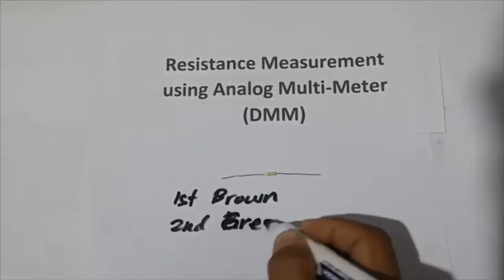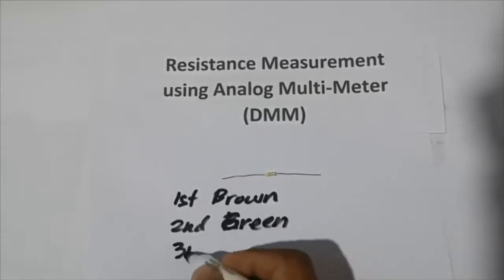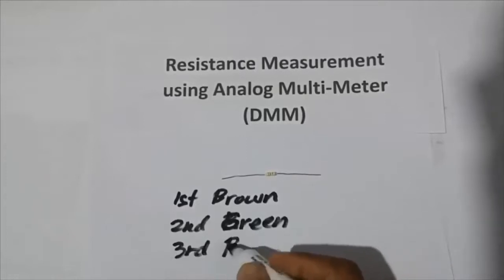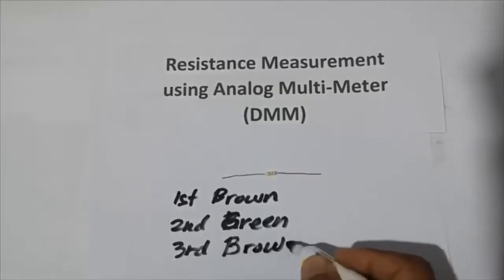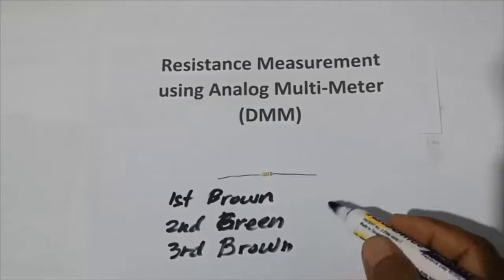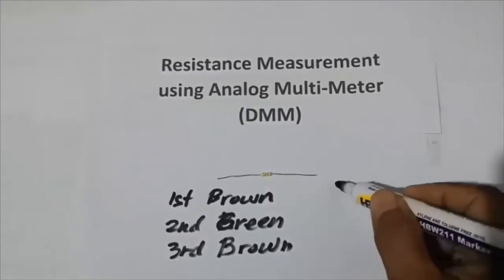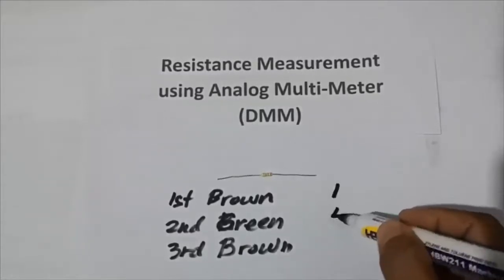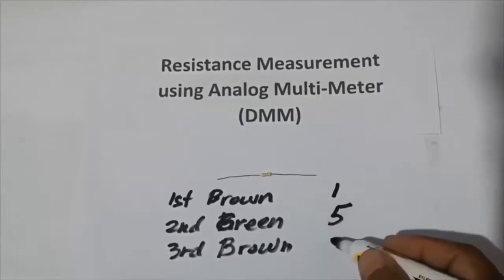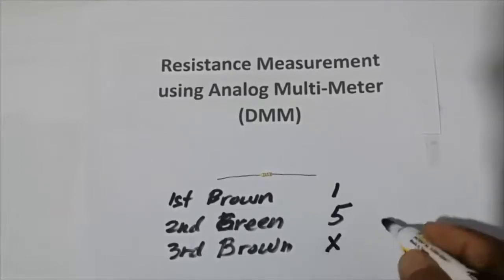Brown is equivalent to 1. Then green is equivalent to 5. And the third color is the multiplier, which is brown, which is equivalent to times 10. The fourth band is gold, which is equivalent to plus minus 5%.